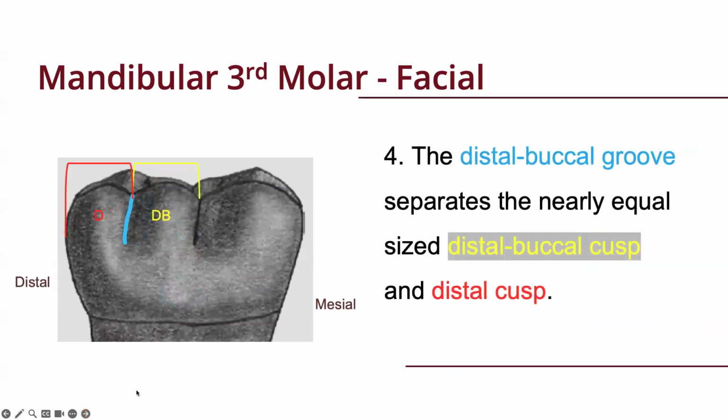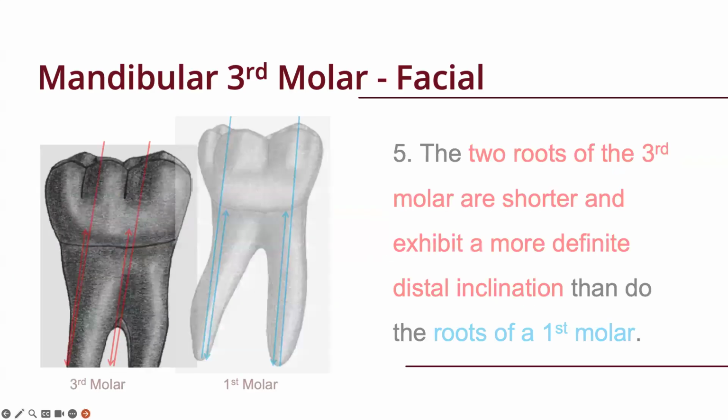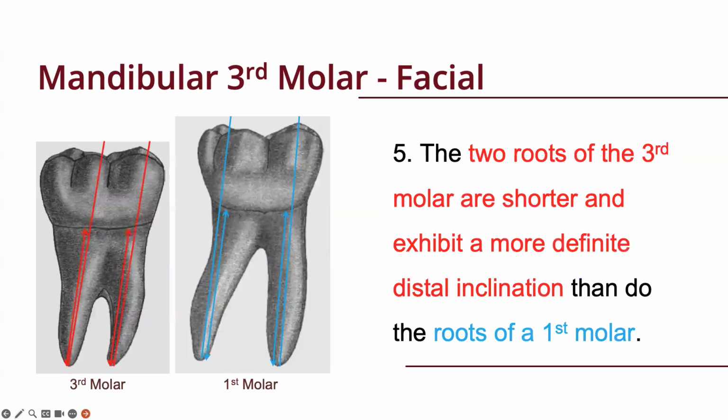The distal buccal groove separates the nearly equal-sized distal buccal cusp and distal cusp. The two roots of the third molar are shorter and exhibit a more definite distal inclination than do the roots of a first molar.